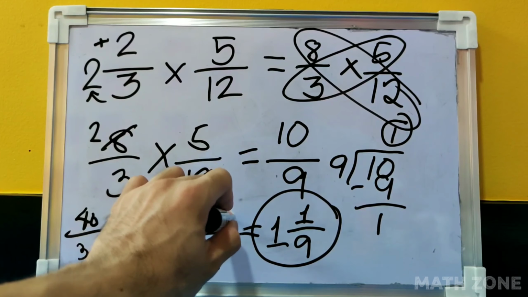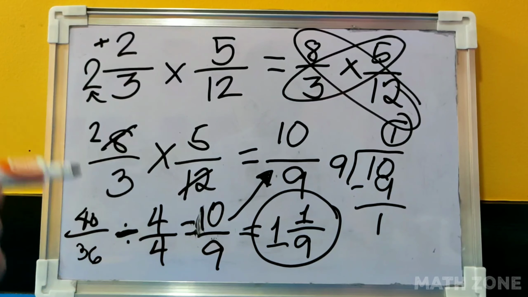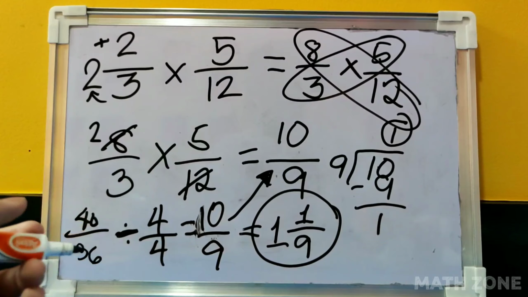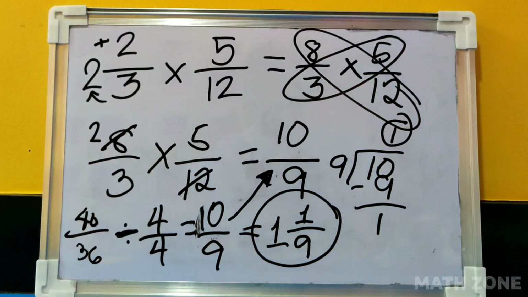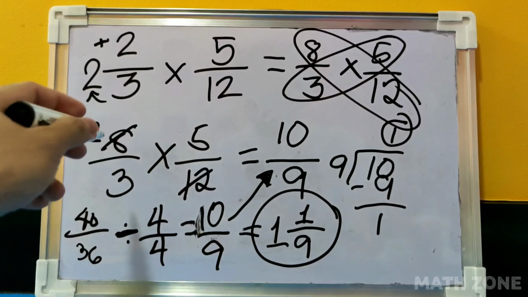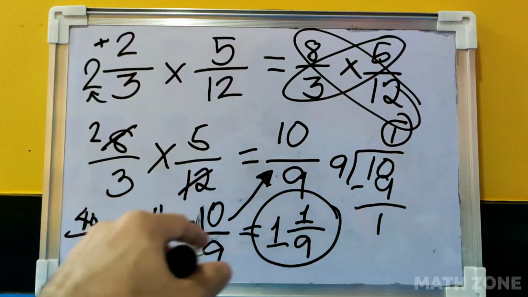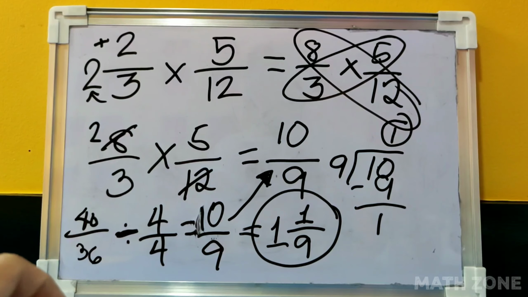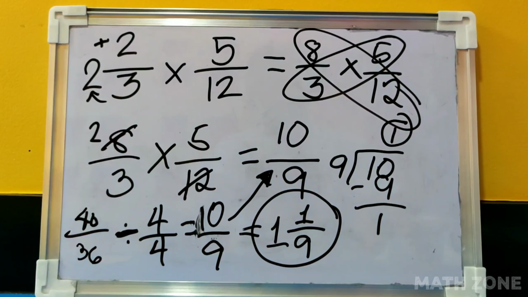We still arrive with the same number. But with the help of cancellation, we minimized the process of simplifying the fraction or the answer by canceling the main equation. So we canceled 8 and 12. It's like finding a shortcut in finding the answer.